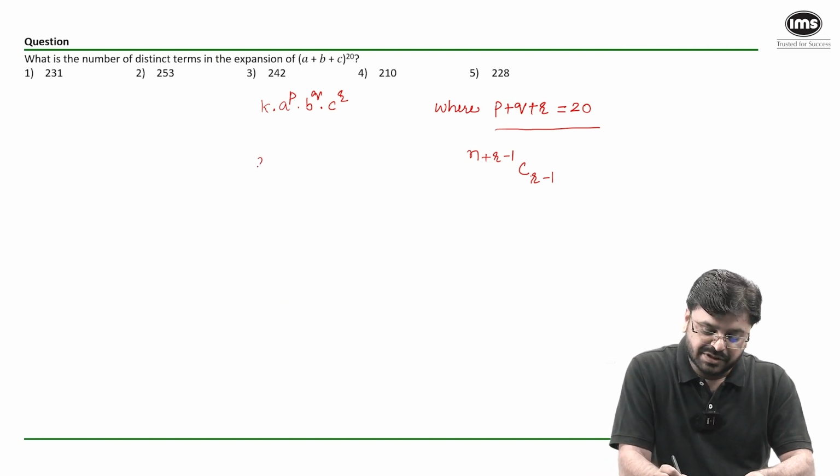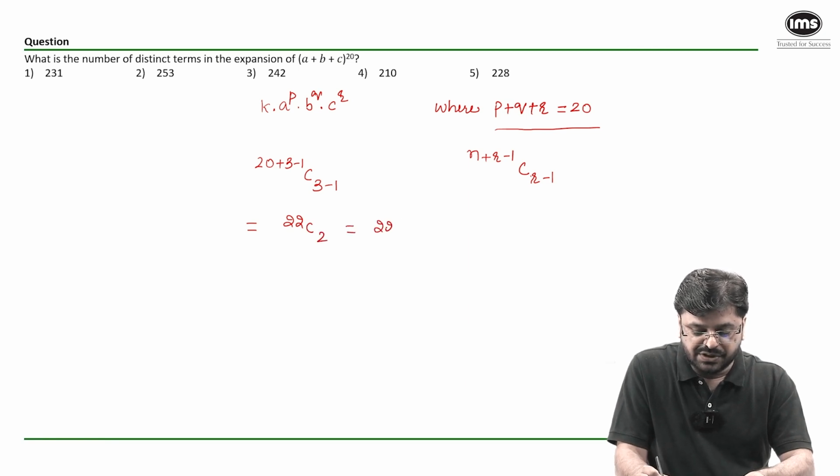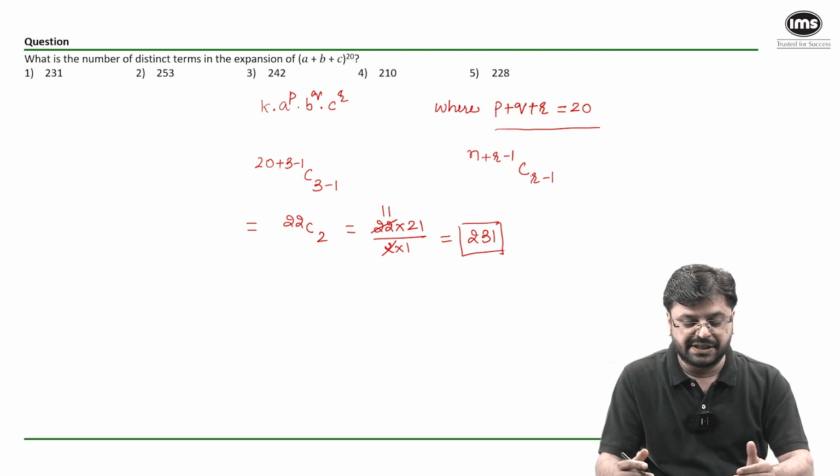So, this is 20 plus 3 minus 1 C 3 minus 1, which is nothing but 22 C 2, and 22 C 2 is 22 into 21 upon 2 into 1. This gets cancelled. So 11 into 21 is 231. So the number of distinct terms in the expansion will be 231.